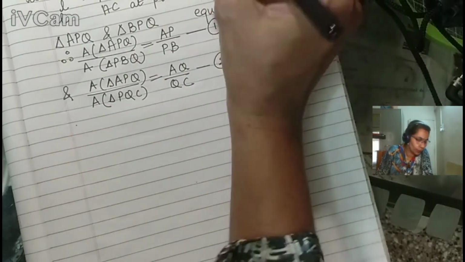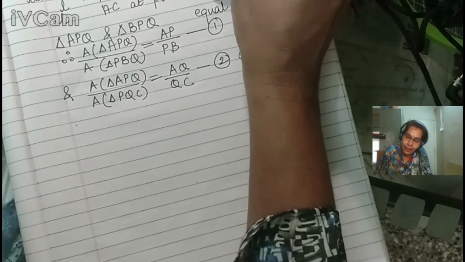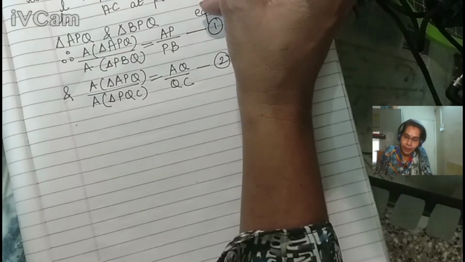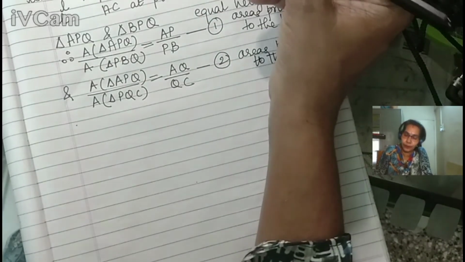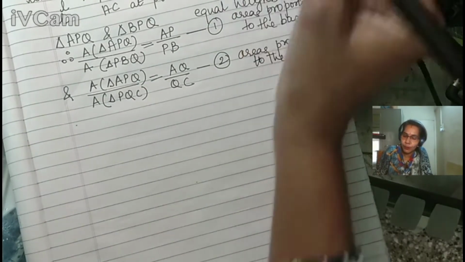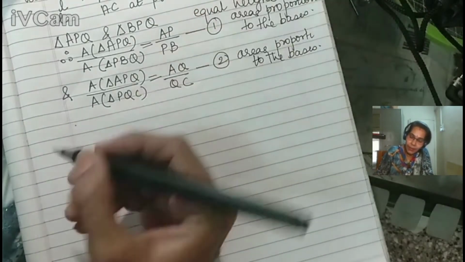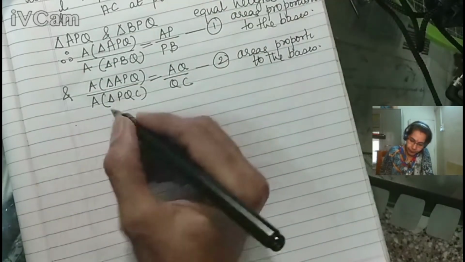Segment PQ is the base of triangle APQ and triangle PQB. Similarly, area of triangle APQ and PQC. PQ is parallel to BC.